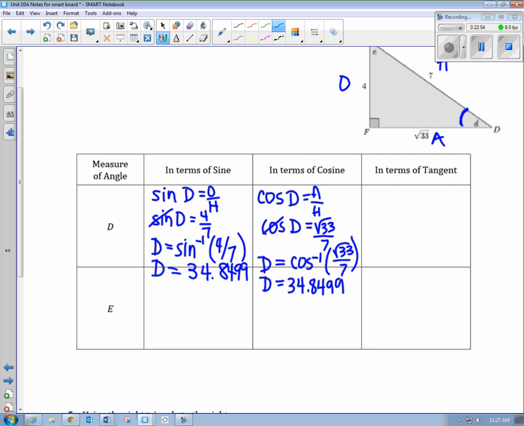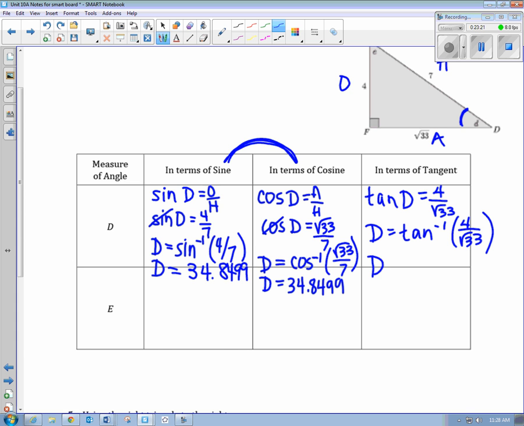What they want you to notice here is that it doesn't matter if you solve for D in terms of sine or cosine, you get the same answer. If I do that same thing in terms of tangent, the tangent of D is equal to 4 over radical 33, opposite over adjacent. D, therefore, is equal to tan inverse, 4 divided by radical 33.